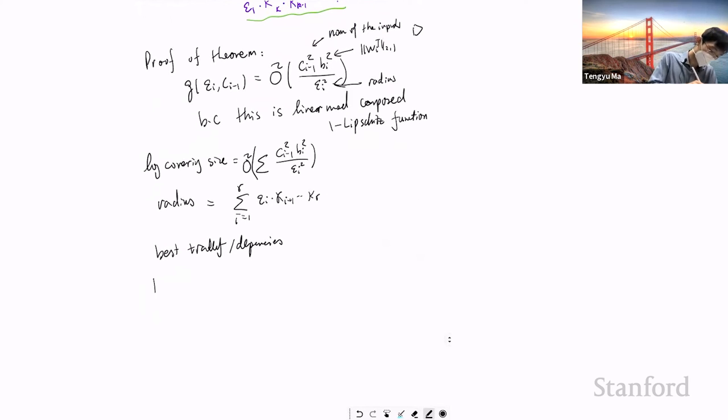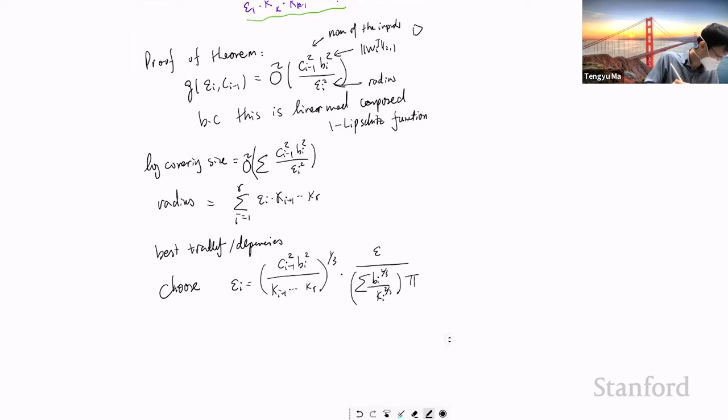So what you should do is, I guess, if I give you a zero knowledge proof, I'm going to choose epsilon i to be C_{m-1}^2 b_i^2 over kappa_{i+1} up to kappa_r, to the one third, times epsilon, times the sum of b_i^{2/3} over kappa_i^{2/3}, times the product of kappa_i^{2/3}.